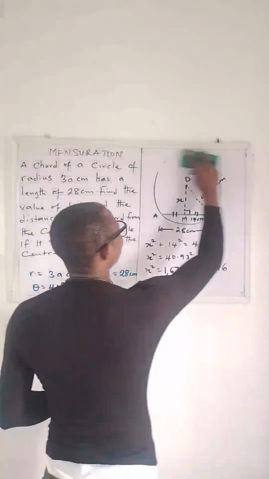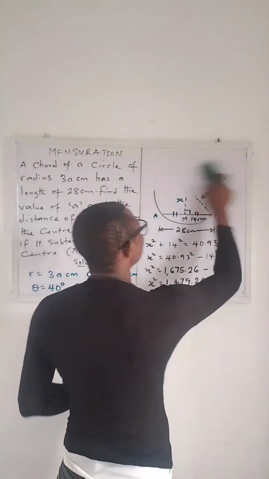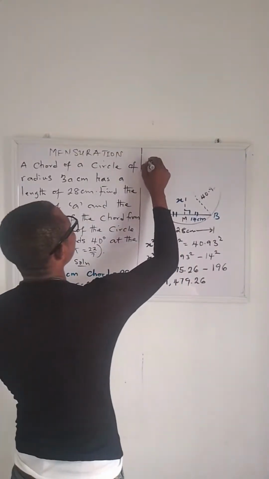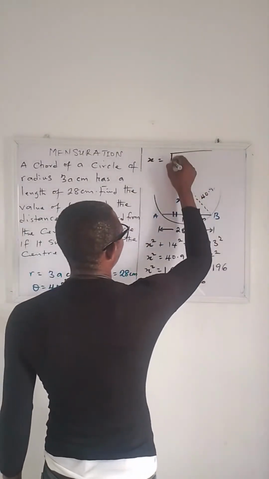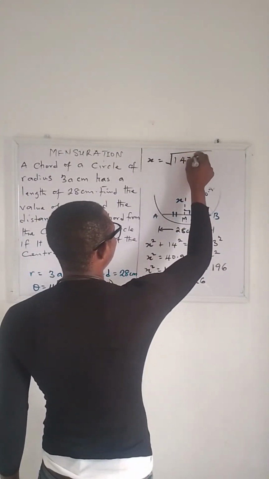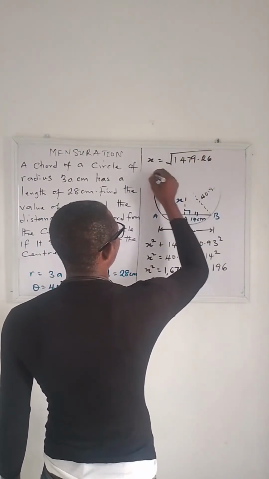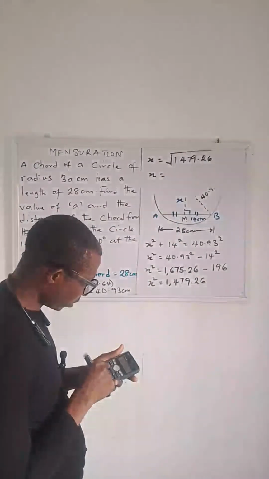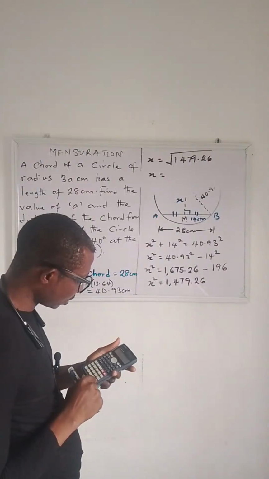So when you take the square root of both sides, let's see what we have. So we have x equals the square root of 1479.26. So x equals what? Let's take the square root of our answer.